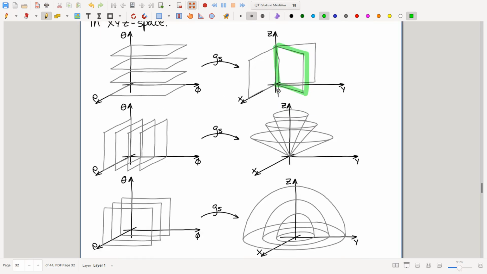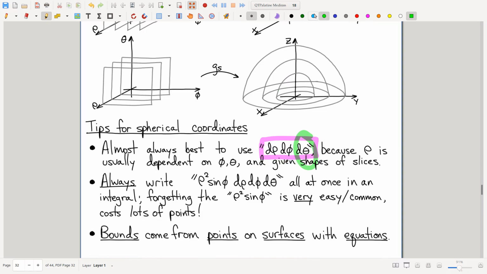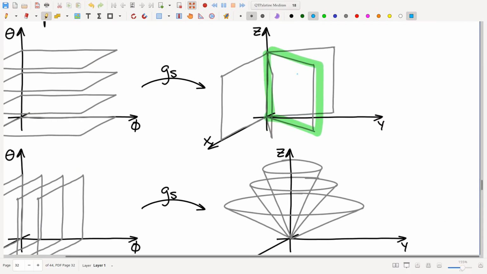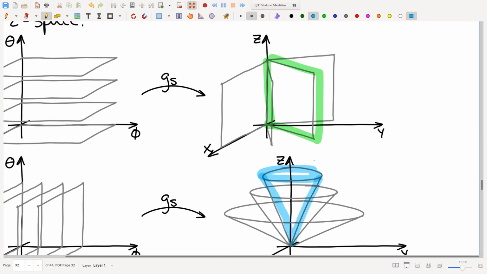Okay, but now I'm starting to get scared because here come the phi slices. And now I'm going to have to deal with, oh gosh, a cone, apparently. How am I going to deal with a cone? The good news, keep in mind, is that I don't need to look at the entire cone. All I need to know is how these phi slices intersect with our theta slices.